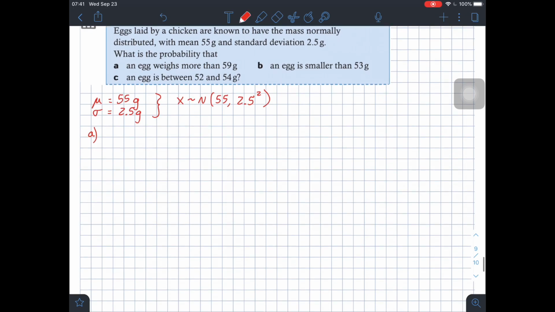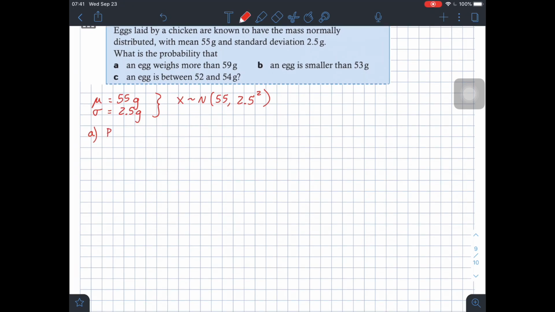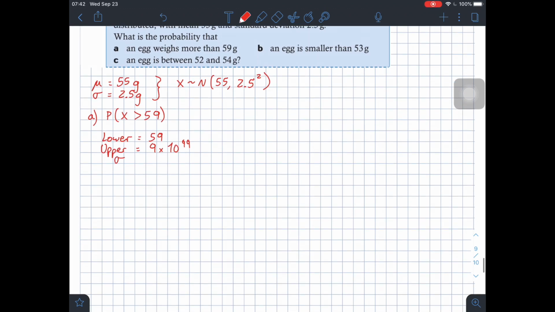Let me write the information. If we're looking for the probability of X being greater than 59, then we're going to have as lower boundary 59. The upper boundary would be positive infinity, right? 9 times 10 to the power of 99. Our standard deviation is 2.5, and our mean would be 55.